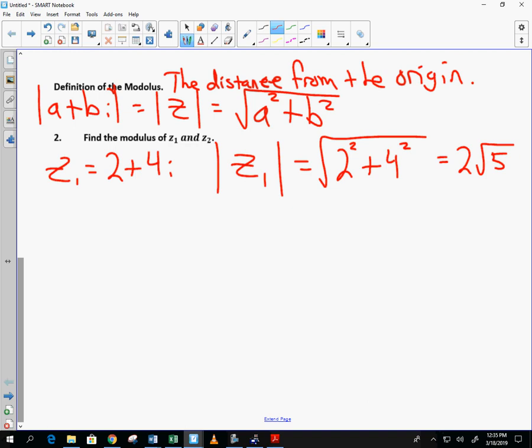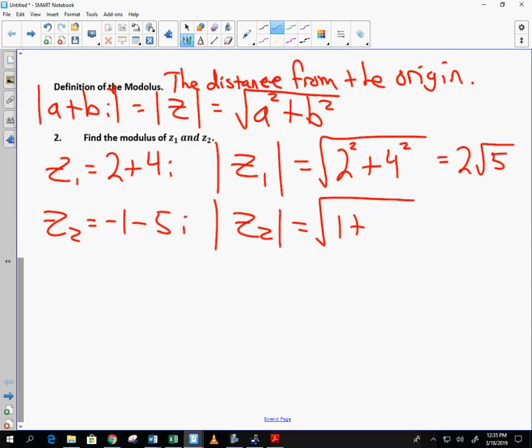You try the next one on your own. Try to do z sub 2, which is negative 1 minus 5i. Find that absolute value and see what you get. The root of 26.